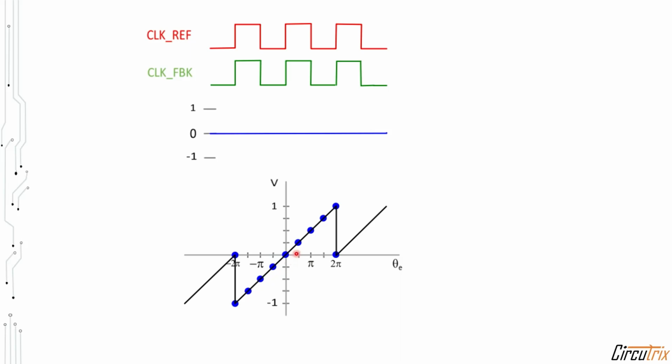If we take the slope, that gives the gain of the phase frequency detector. We can see here that it is changing linearly from minus 1 to 1 volt for a change in the input difference from minus 2 pi to 2 pi radians. So the slope, if we calculate, would be equal to 1 by 2 pi.